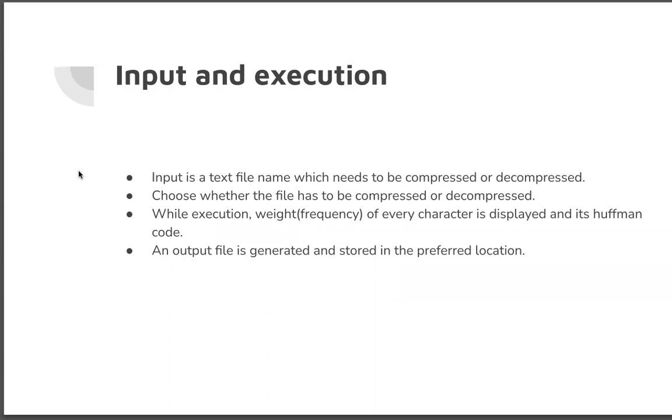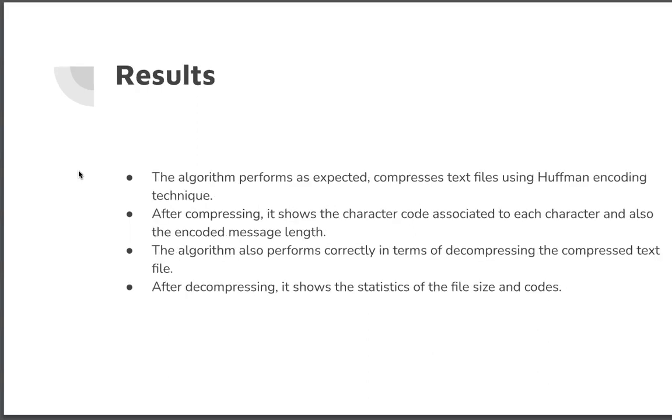And as an output, we are generating the .compressed file and storing it in the preferred location. And now my teammate Sriker is going to present the conclusion and the time complexity and all.